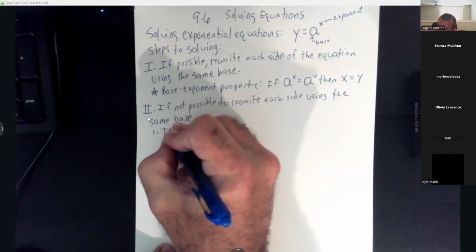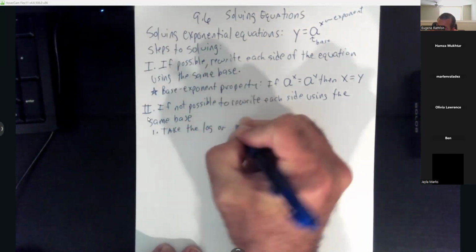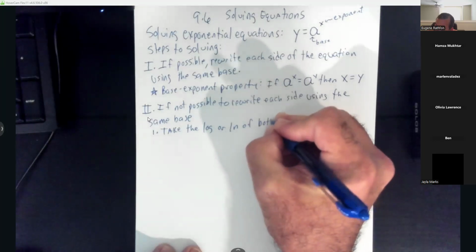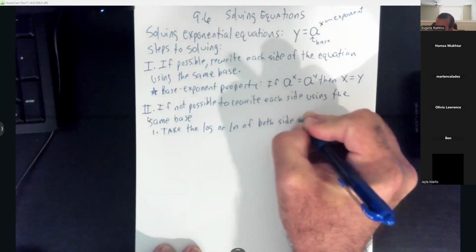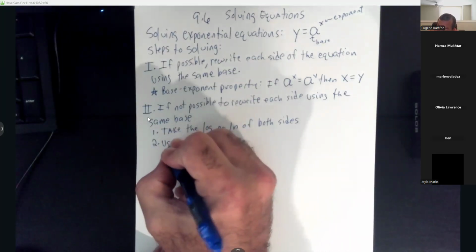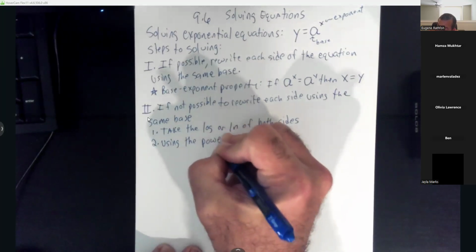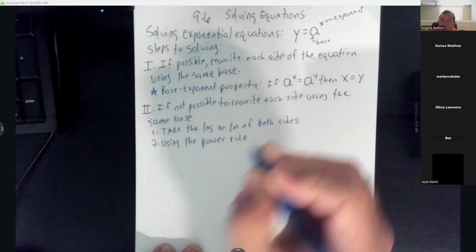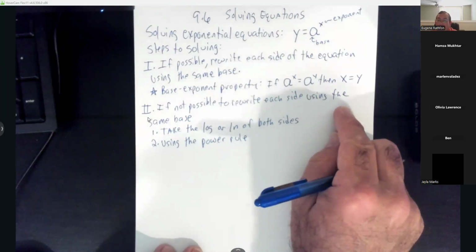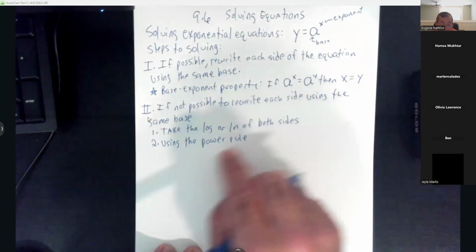So if we can't rewrite each side using the same base, we're going to take the log or the ln of both sides, then using the power rule. So y'all, we did the power rule yesterday. Power rule was where I had the exponents and I brought them down in front of the log and wrote it as a product.